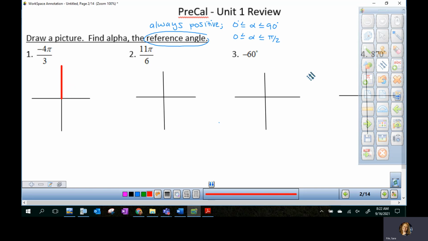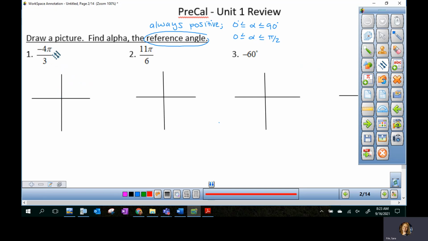So it's never going to be more than 90 degrees, because if I go past 90 degrees, now I'm closer to the x-axis over here. It's like an acute angle now. And if you're on the x-axis, it's 0 degrees between them because you're on it. So that's why it's always between 0 and 90, or 0 and pi halves. And it is always positive because it's just talking about the distance between them, and there's no direction for a reference angle.